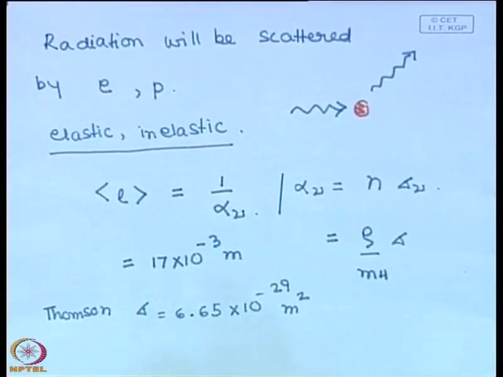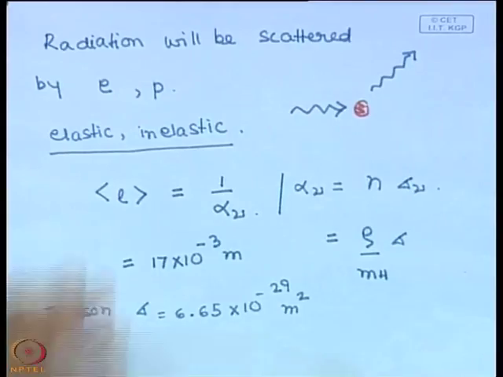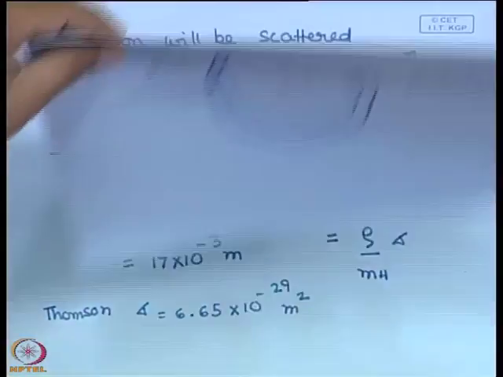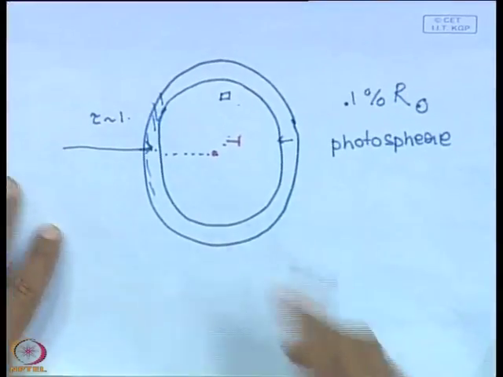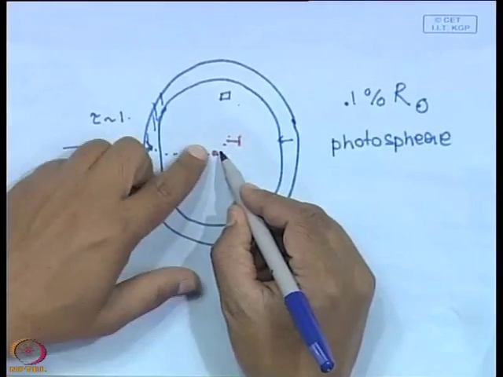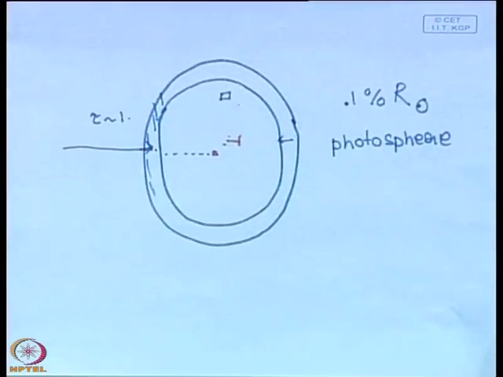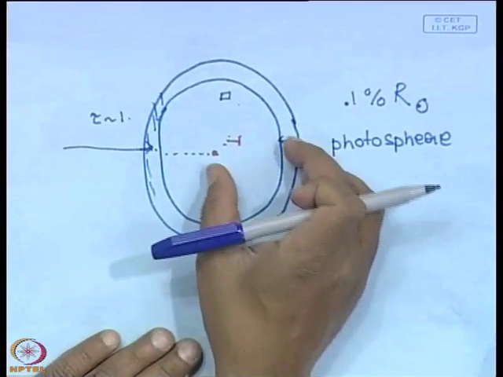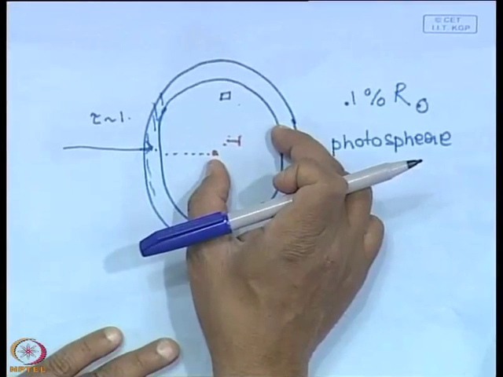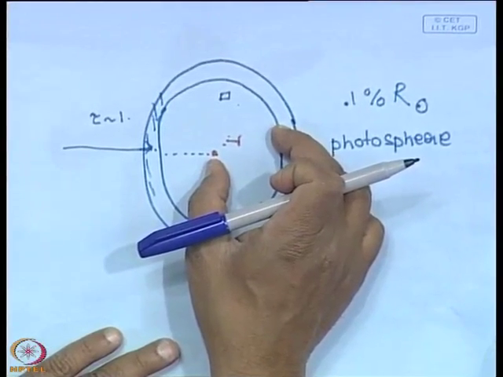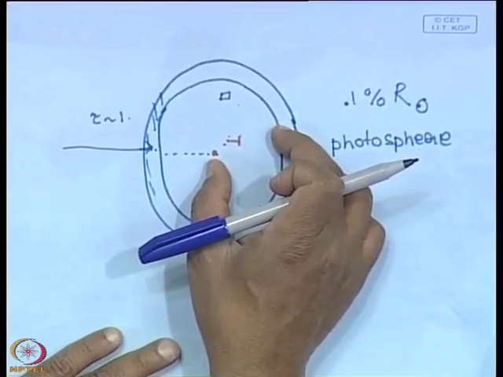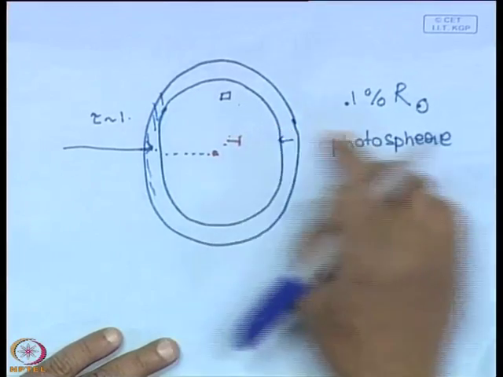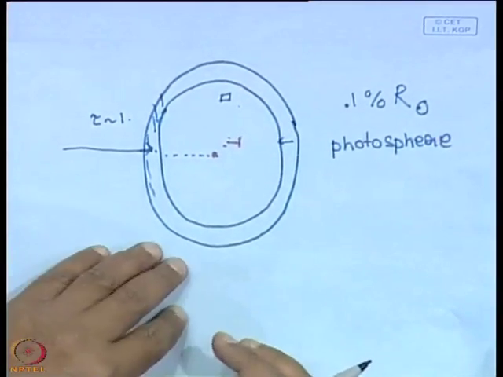So, what do we learn from this? What we learn is that the photon from inside has to propagate over a distance of 6 into 10 to the power 8 meters to get out, and then finally it comes to us.